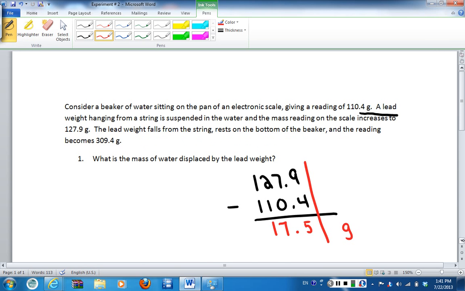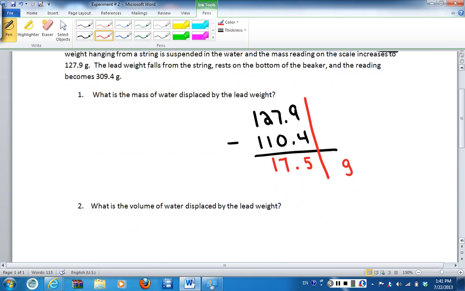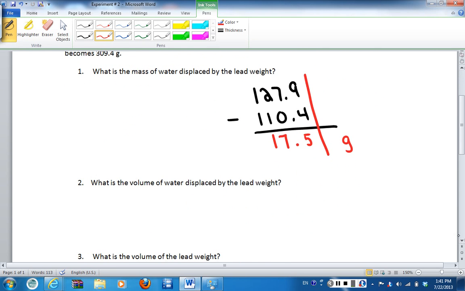Now, the second part of the question asks us what is the volume of water displaced by the lead weight. Okay, now we already know that the mass of the water displaced by the lead weight is 17.5 grams. Okay, but we want a volume. So how do we get from a mass unit to a volume unit? Well, basically what we have to do is we have to use a density.